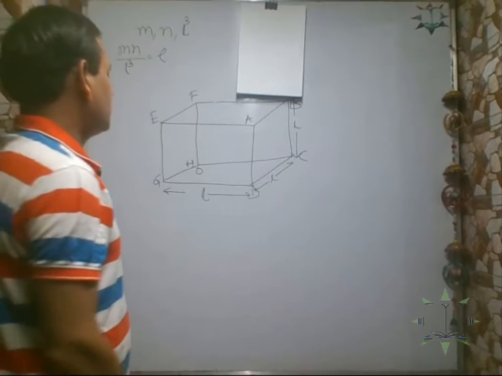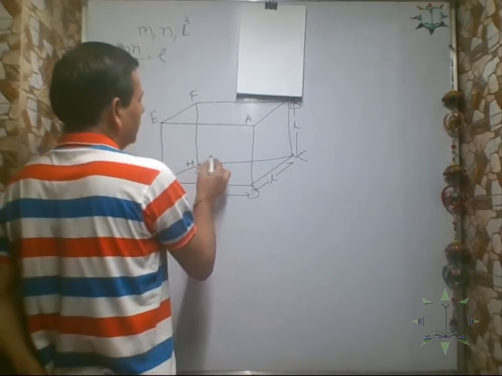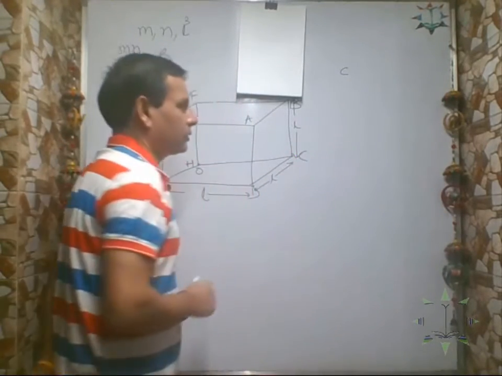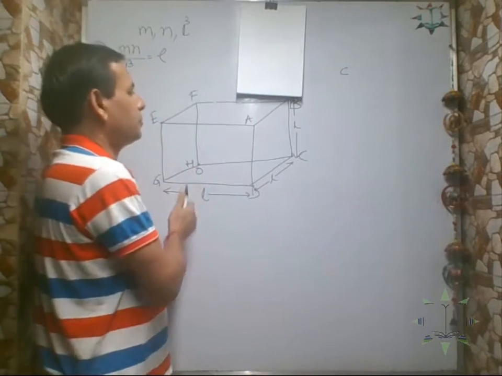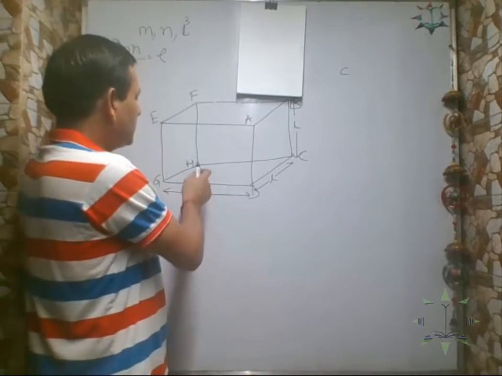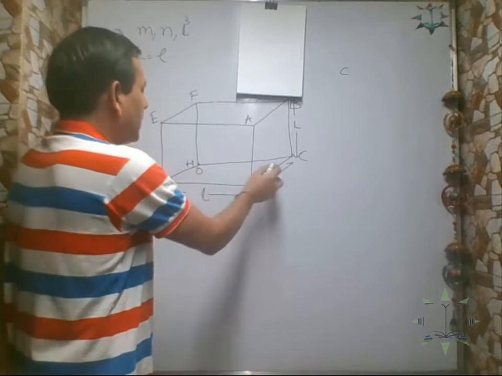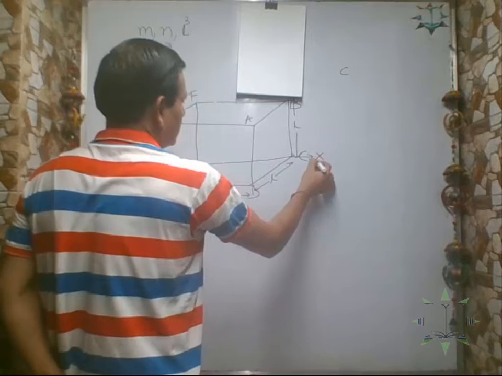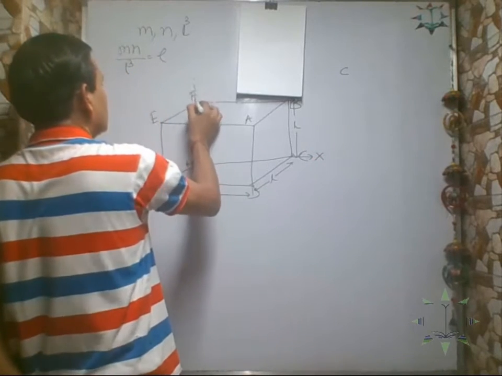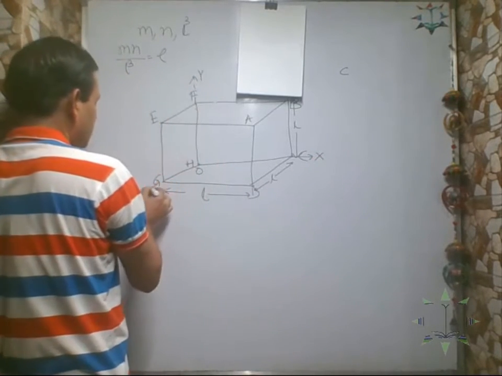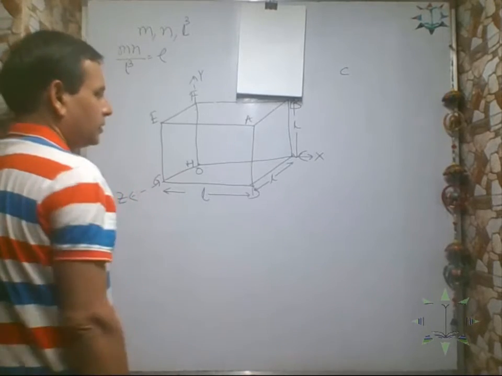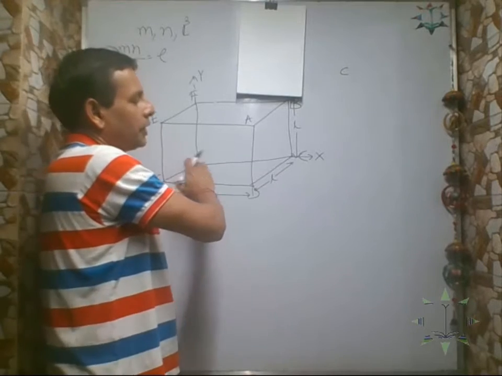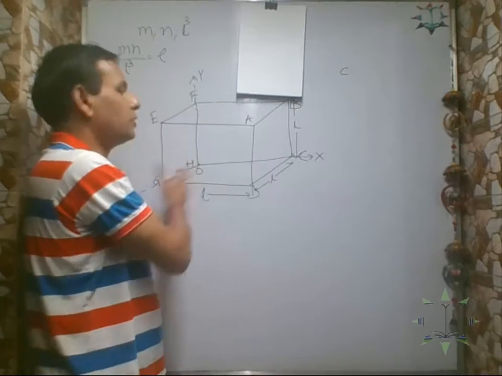Now suppose there is a molecule having velocity c. Now if we consider the three adjacent edges of this cube, suppose this is the x-axis, this we consider as the y-axis, and this as the z-axis. A gas molecule can have translational motion along the x-axis, y-axis or z-axis.